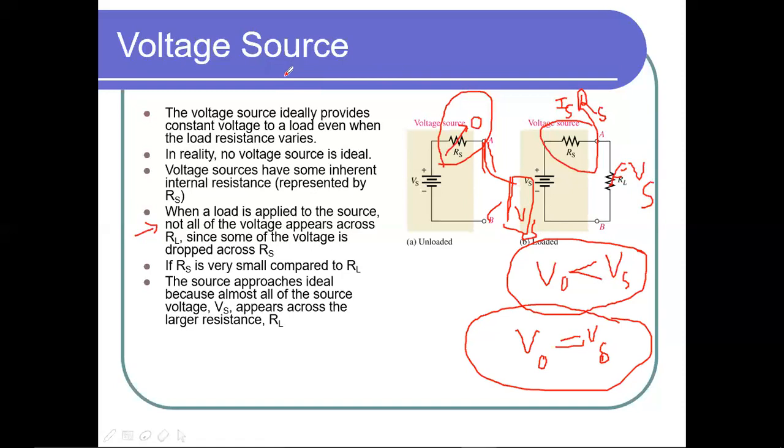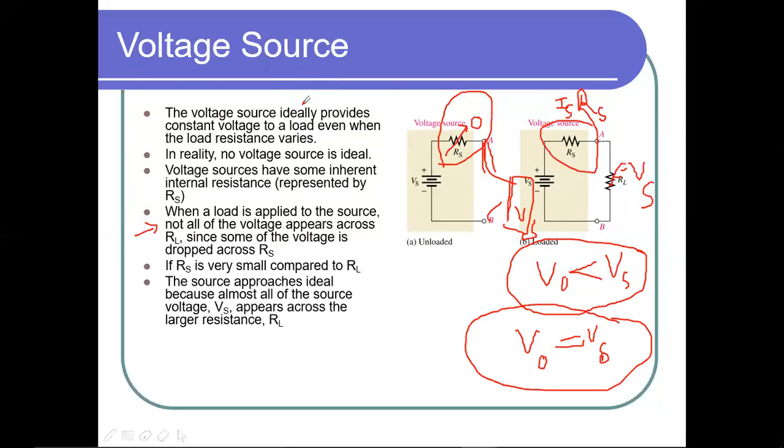In a practical voltage source, internal resistance is present, a very low value like 0.05 or sometimes 0.005, but some resistance is present. In ideal voltage sources, there is no resistance; I can name it as zero.